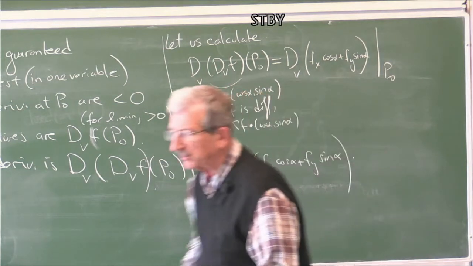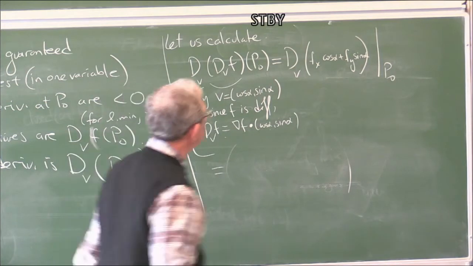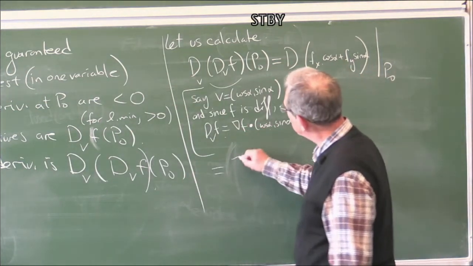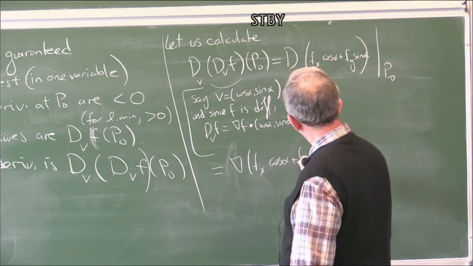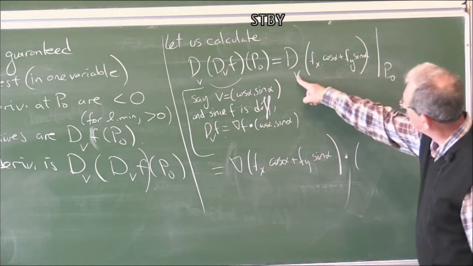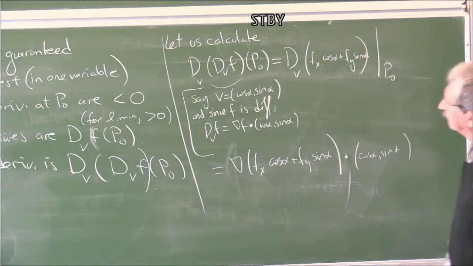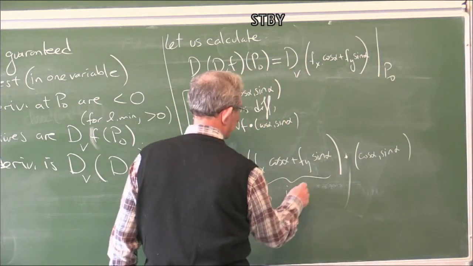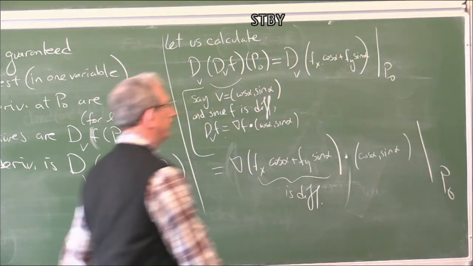Okay, let me explain it in detail to avoid any confusion. So this is actually the gradient of the function f sub x cosine alpha plus f sub y sine alpha dot this v, which is (cosine alpha, sine alpha). Okay. This is because this is a differentiable function. And everything will happen at P0.